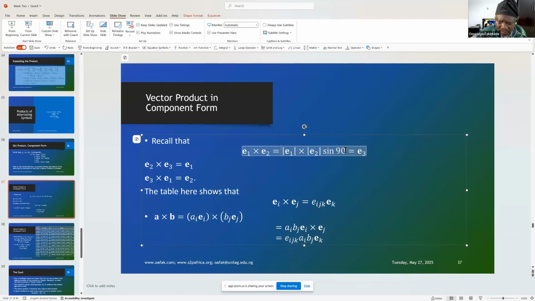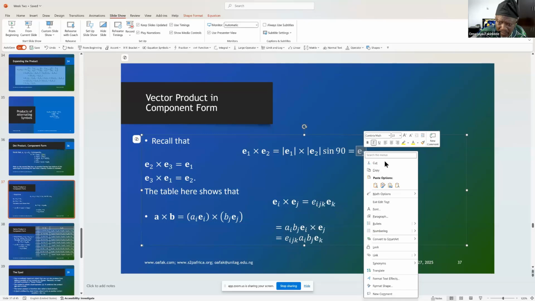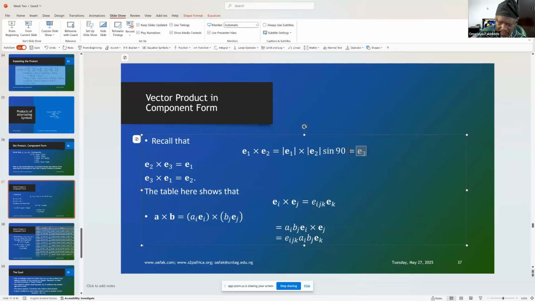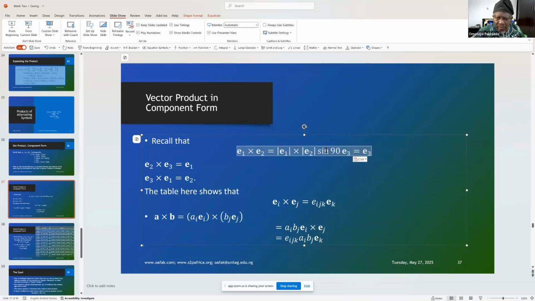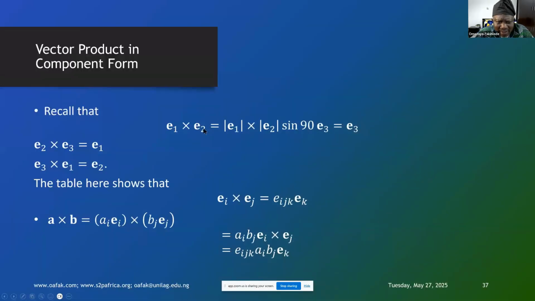For the elementary definition of the cross product, we know that E1 cross E2 is the magnitude of E1 times the magnitude of E2 times sine 90, because between the X and Y directions, the angle between them is 90 degrees.